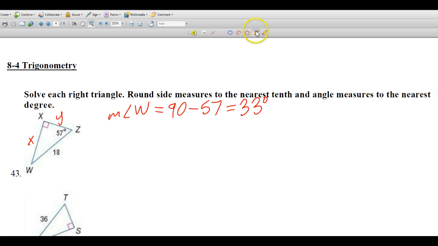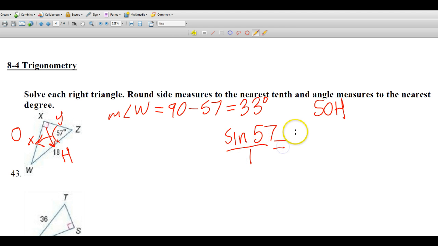So we'll solve for X and our angle. We have X is the opposite side and 18 is the hypotenuse. So we'd use O and H, so that's SO from SOHCAHTOA. So then we have the sine of our angle, 57, put that over 1, set up our proportion, so it's opposite over hypotenuse, so X over 18, then we cross multiply.